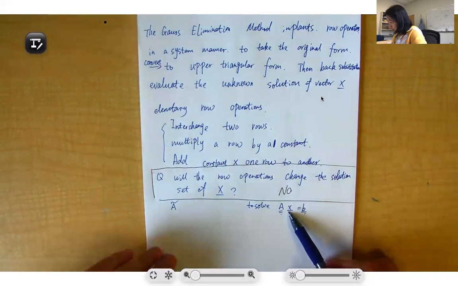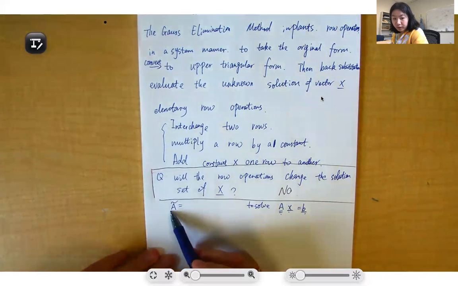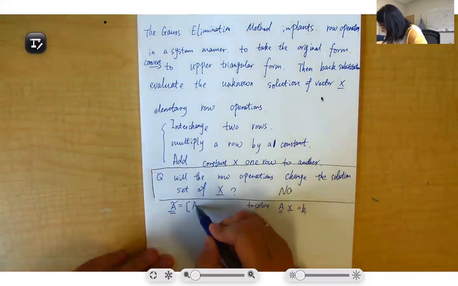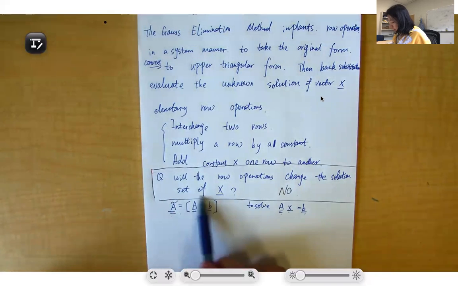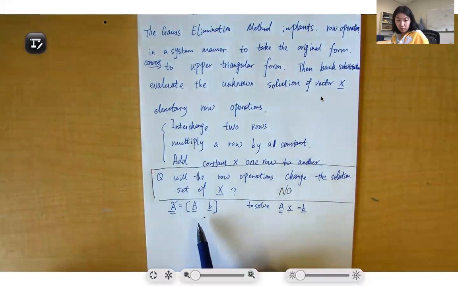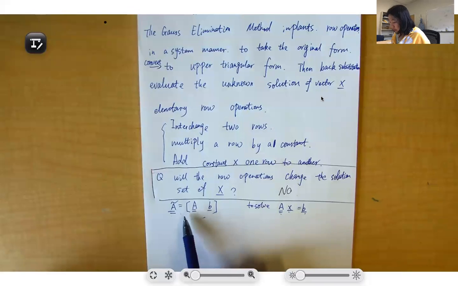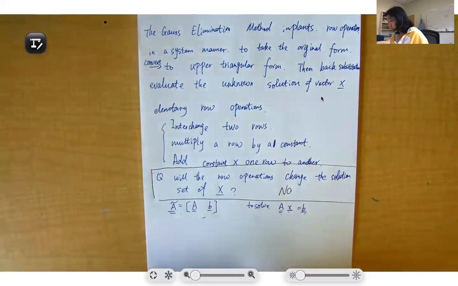Then what you do is construct the augmented matrix [A, b], and use row operations to convert this augmented matrix to an upper triangular form. Then you can use back substitution to solve in the end.